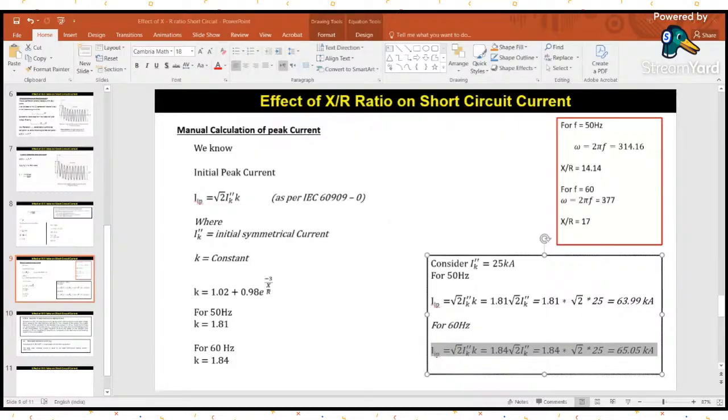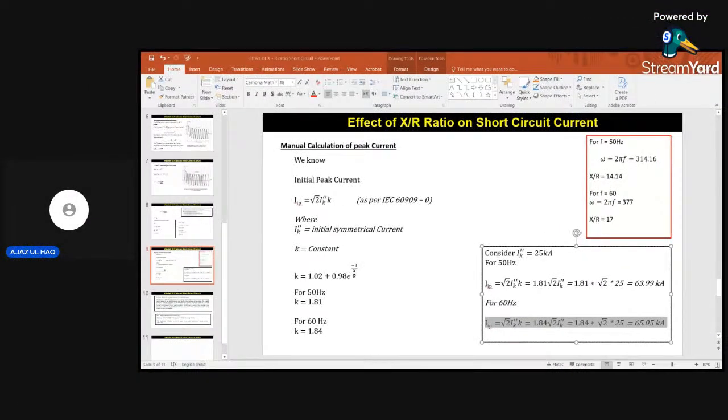There is some problem in sharing my screen. I do not know what the problem is. If it does not share, I will try from this. One minute.